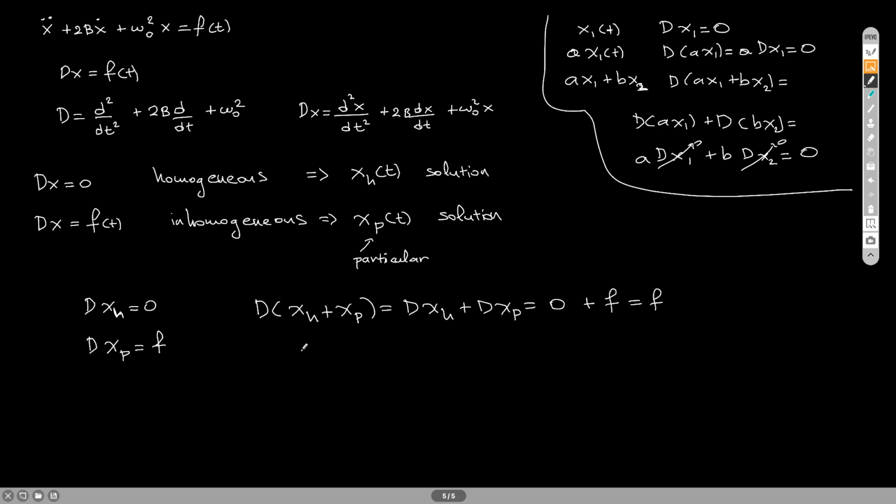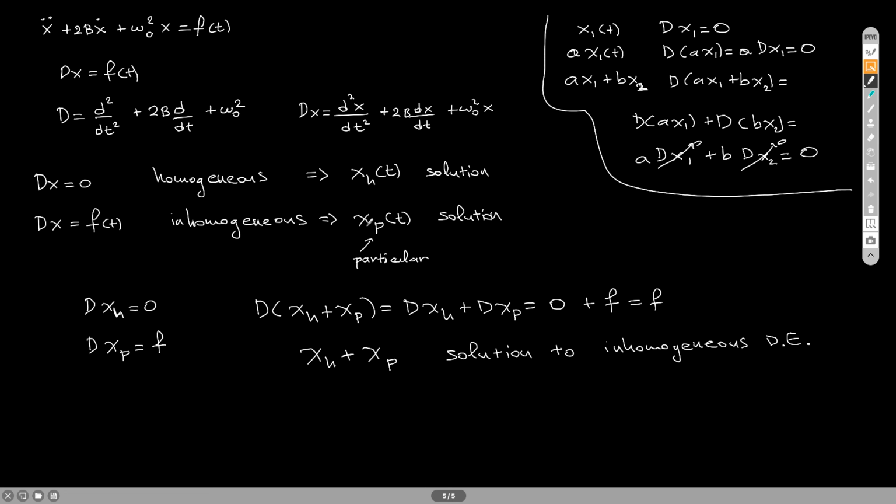This is telling me that the solution that is the sum of those two is a solution to the inhomogeneous differential equation, the one that I'm trying to solve. Now, here is the thing. What's the difference between the sum and simply x sub p?